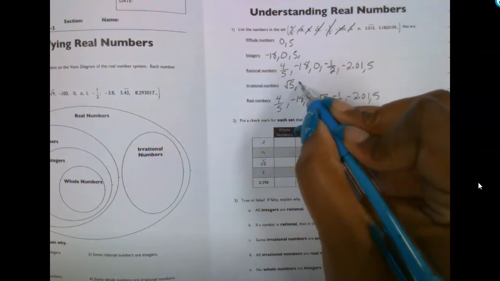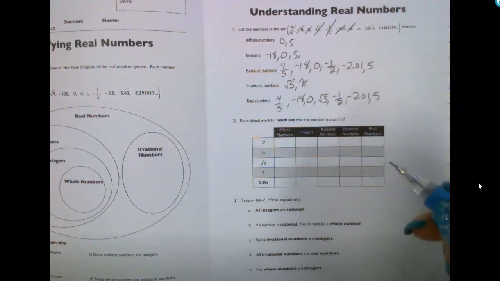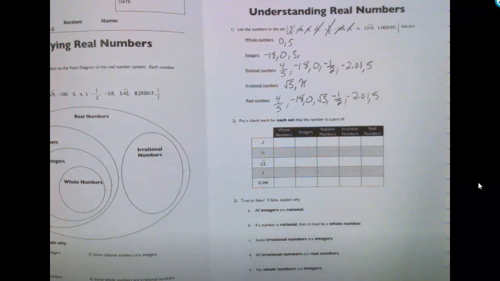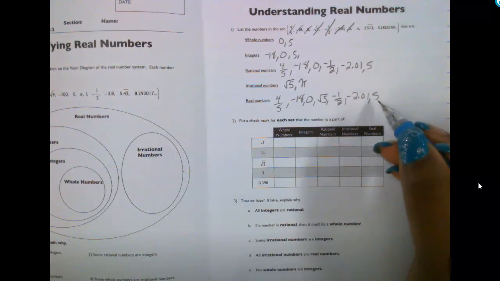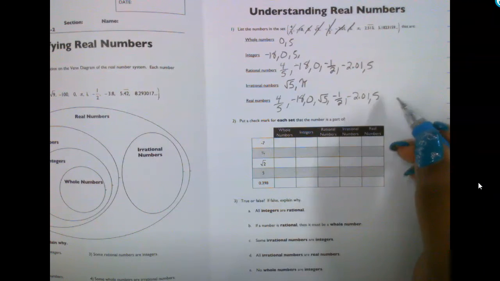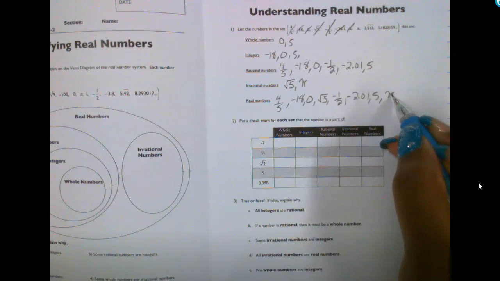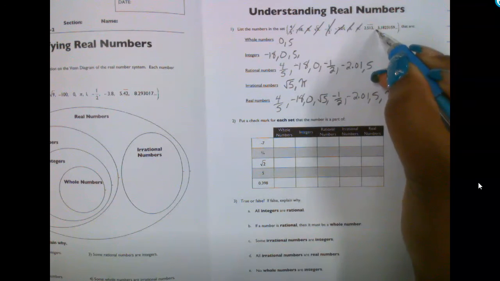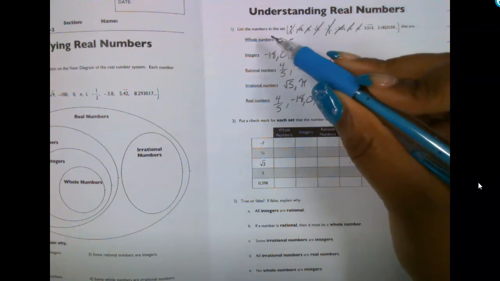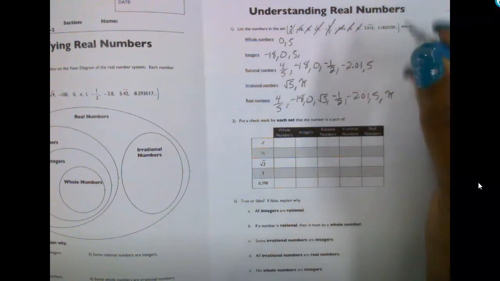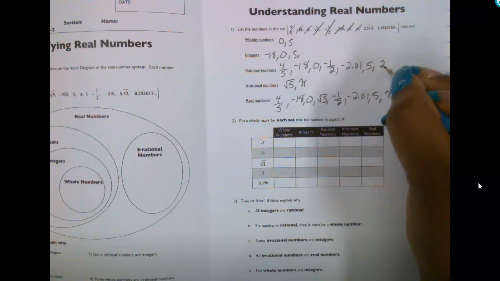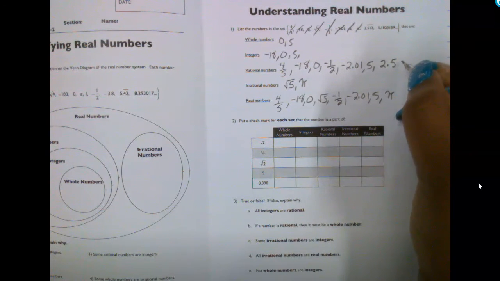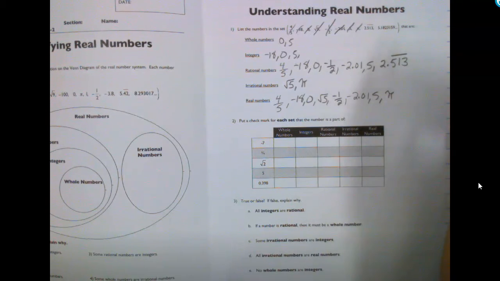Pi, remember pi is irrational because it's a decimal that continues on and on without a pattern. It never stops. Okay, we don't know what number is coming next. And all numbers are real numbers. This is a repeated decimal. Repeated decimals are not whole numbers, they're not integers, but they are rational. I know what number is coming next, and I could write this as a fraction if I needed to.